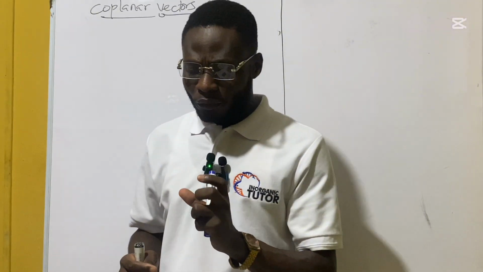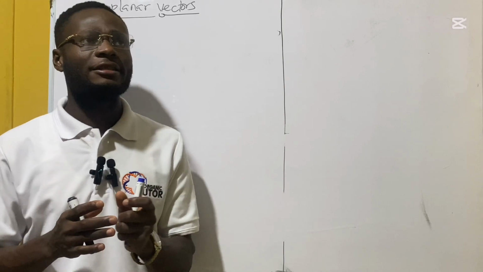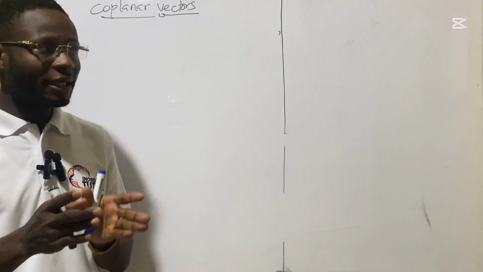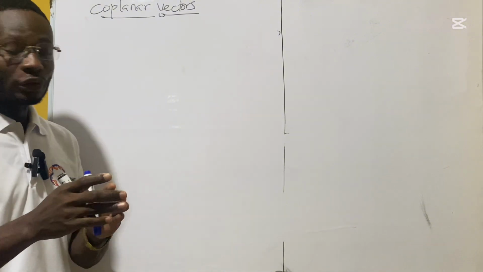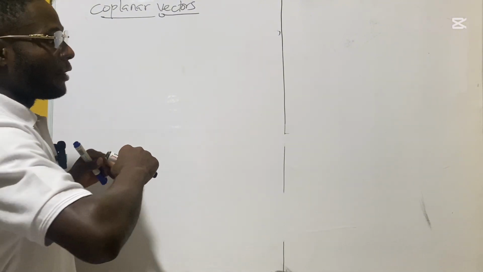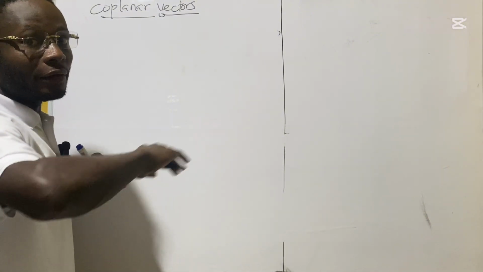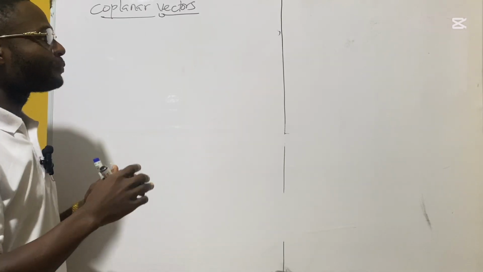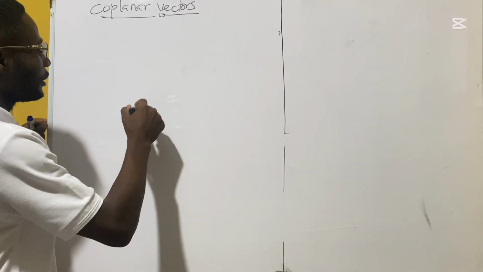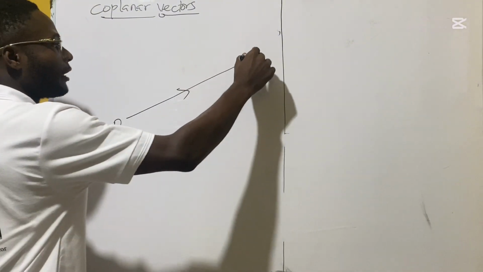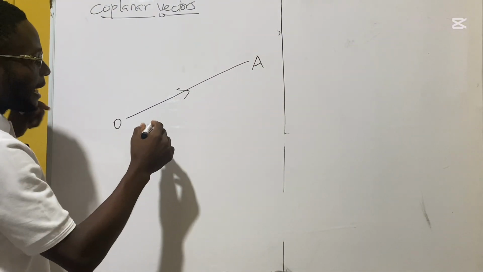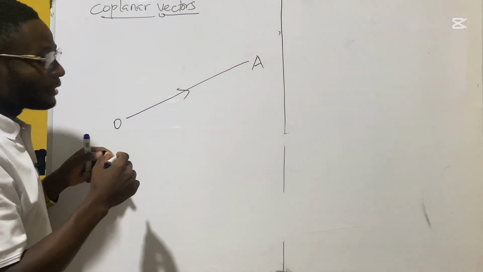Okay, so here with the coplanar vectors, basically coplanar vectors are vectors that are parallel to a plane. So they are just vectors that are parallel to a plane. For instance, you have this vector A and you have a plane.